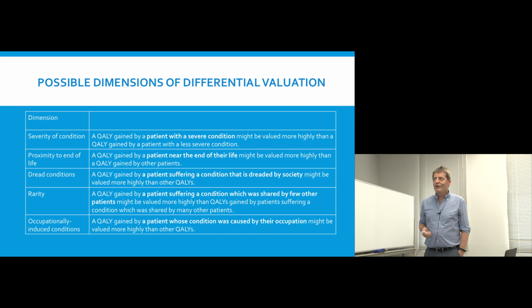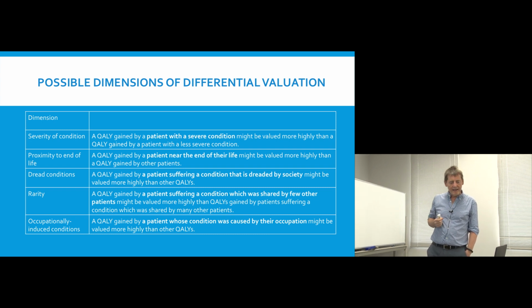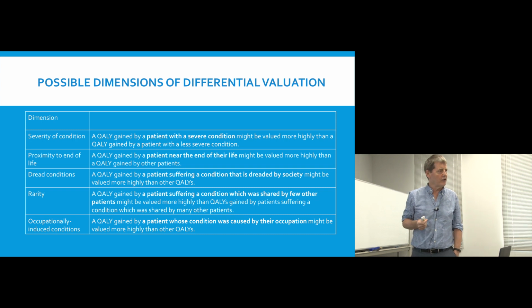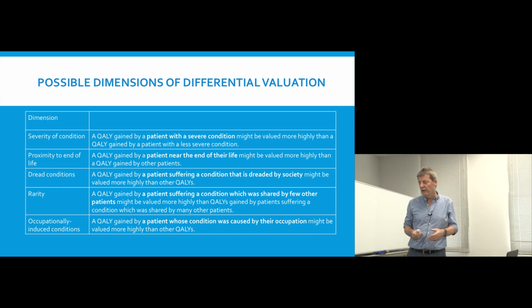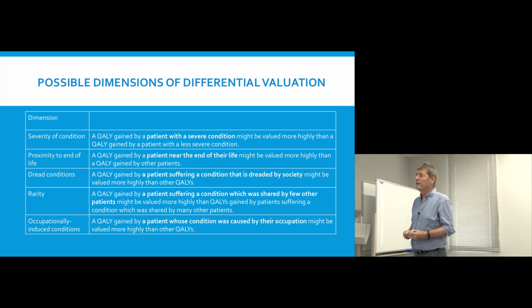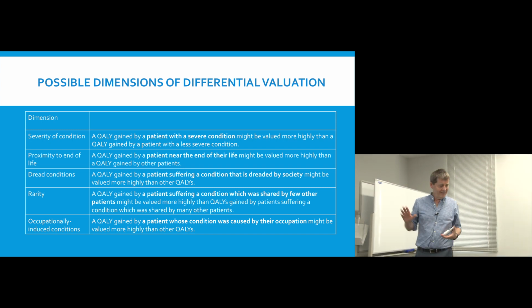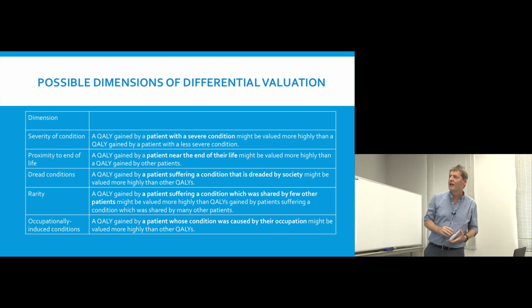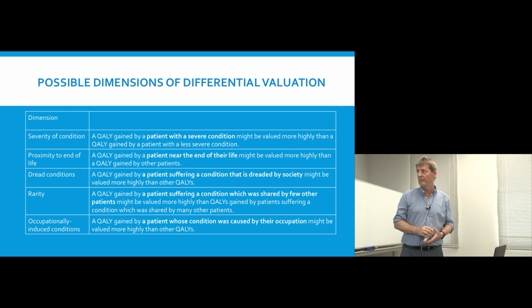And there's quite a long list here of possible dimensions that might lead to a differential valuation. Reasons why some health benefits might be valued differently from others. And I guess top of the list, although this isn't really an ordered list, but the first one I've got here is probably the lead candidate, the severity of the condition.